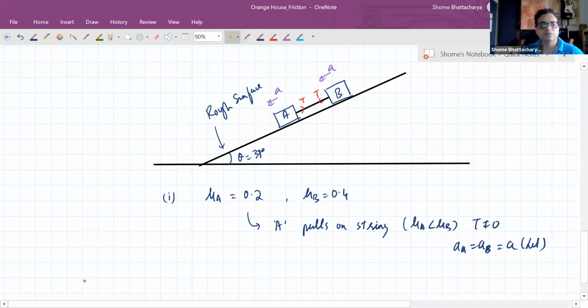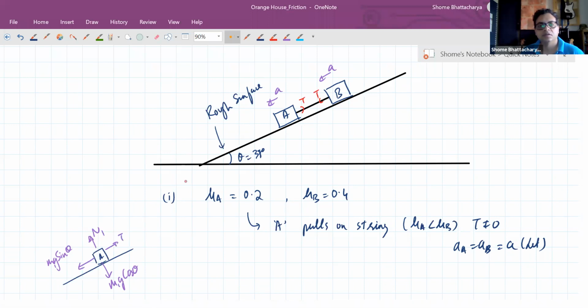So if you look at the individual free body diagrams, for A, the forces will be like this: mg sine theta, mg cos theta, normal reaction, tension, and friction.